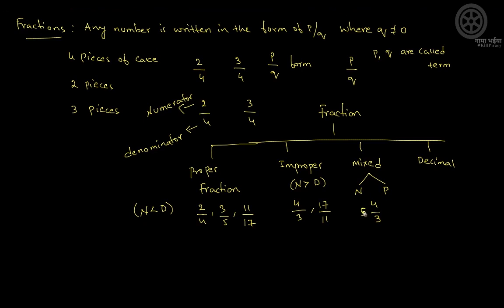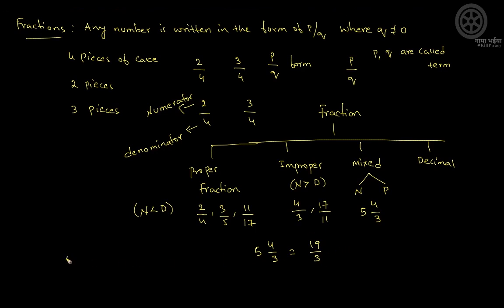A mixed fraction can be changed into an improper fraction. 3 fives are 15, 15 plus 4 is 19, so 19 by 3. The numerator is greater than the denominator, so it is an improper fraction.